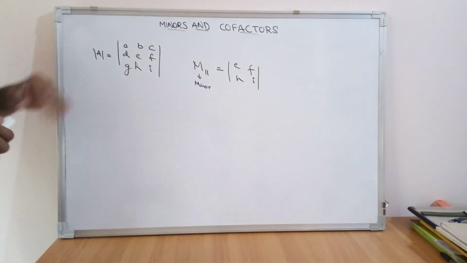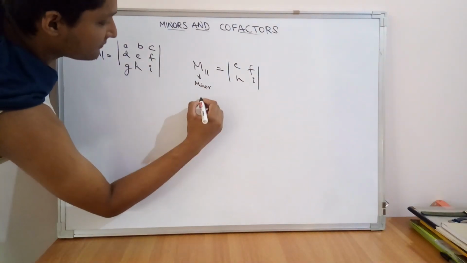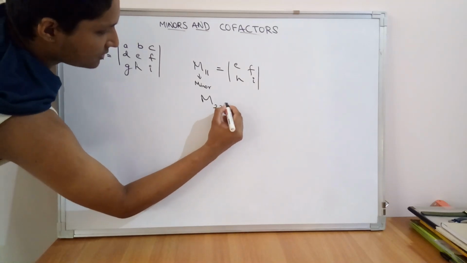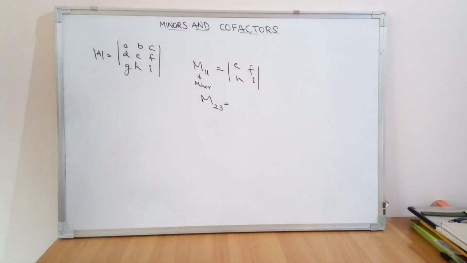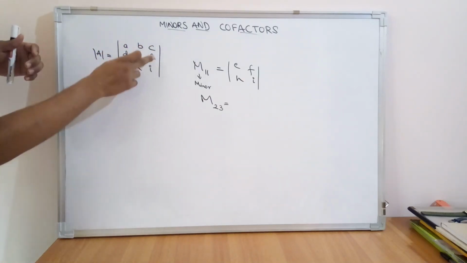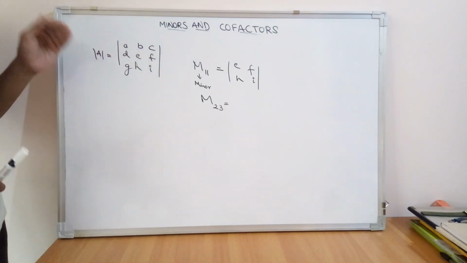Let us take one more example: the minor of F, that is second row, third column. We remove all the elements related to its row and its column.